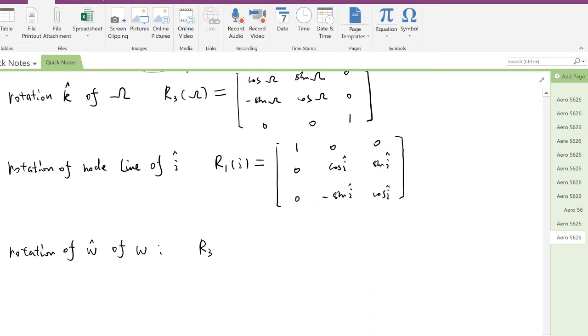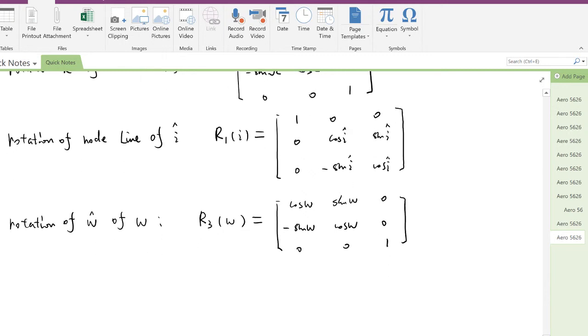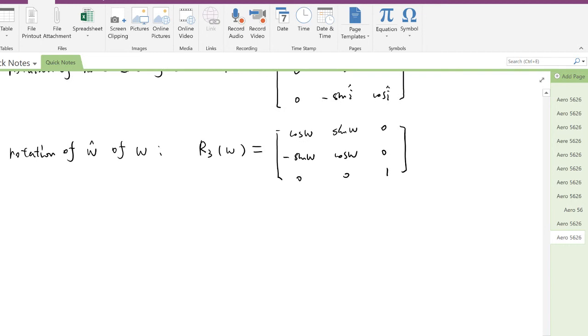It's a rotation with respect to the z-axis, so we have R3 again of omega. We get cosine omega, sine omega, 0; negative sine omega, cosine omega, 0; 0, 0, 1. So we have those 3 rotations, and then we multiply all of them together, as we said.